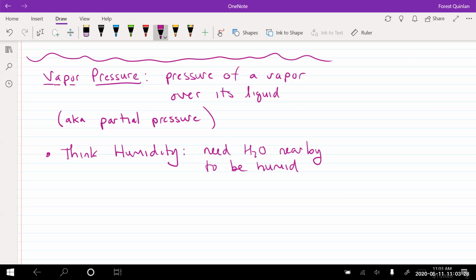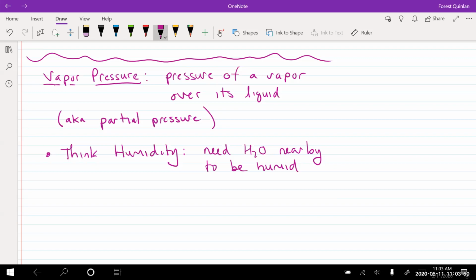We have a lot of water around to make sure that we have a decent amount of humidity. Every time I go to visit family back in Bakersfield, there ain't no water there. It's a dry heat. And my sinuses dry out like nothing because there's no vapor pressure of water around. There's basically nothing in the air, and it just dries you out.